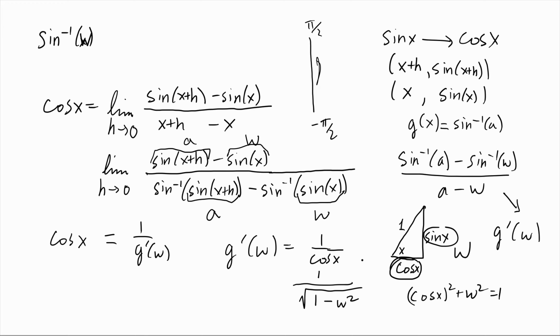So we're going to be picking the positive square root when we do the plus or minus. Hey, that's pretty good. That's the derivative, g prime of w. Of course, we could write it with an x, but w is fine. The derivative of sine inverse of w is 1 over the square root of the quantity 1 minus w squared.